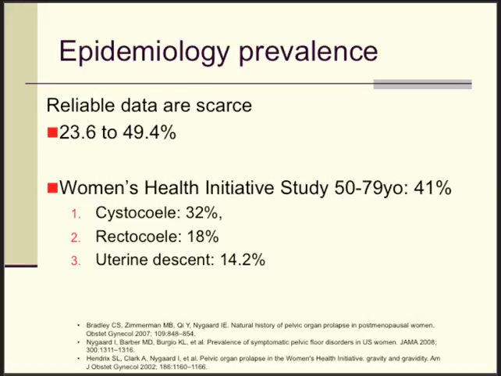And you can see here that 41% of the women between the age of 50 and 79 years of age had a symptomatic prolapse. The majority of those women had a cystocele, a smaller percentage had a rectocele, and an even smaller percentage had uterine descent.